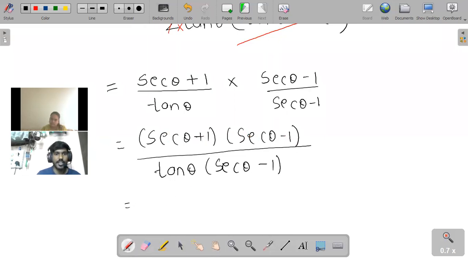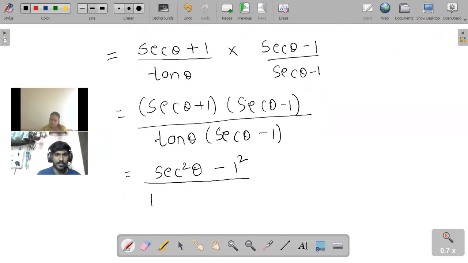So this becomes a square, that is sec square theta, minus b square, that is 1 square, upon the denominator, write it as it is. Tan theta into sec theta minus 1.